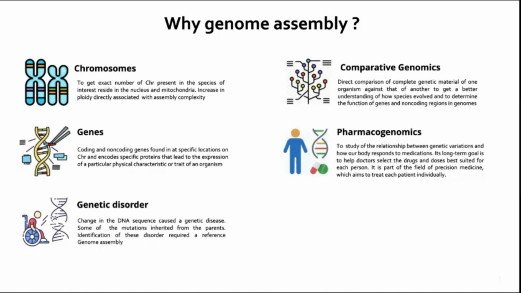Then in the case of humans, pharmacogenomics is one of the major areas people are working on. Although we have a reference genome of the human, at IIIT there is a project going on where we sequence genomes across the Indian population, and then find personalized medicine for the Indian population.